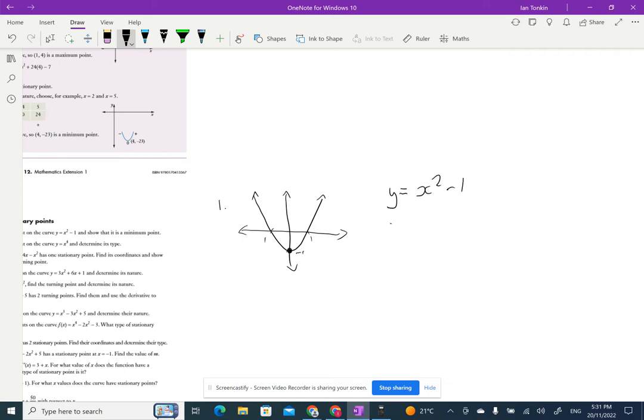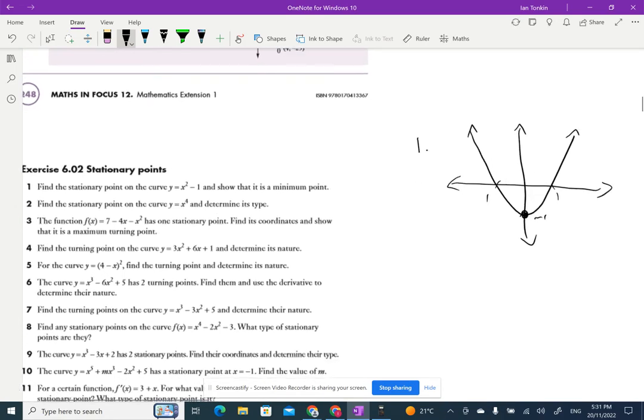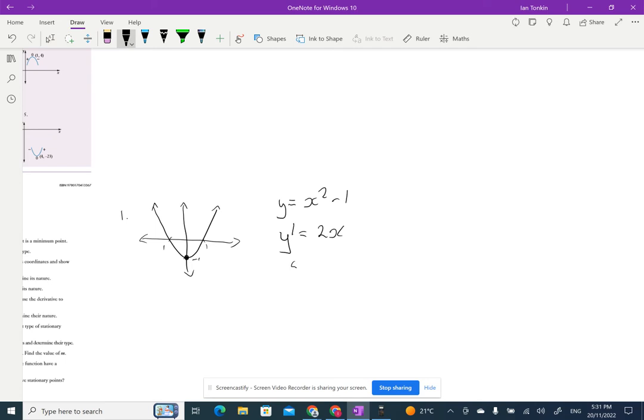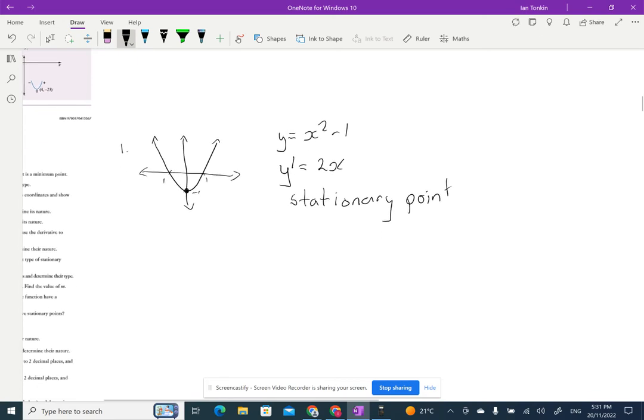And then I'm going to go y dash equals 2x. And then, first of all, it says find the stationary point. So the stationary point, and I want you to set it out like this in your notes: the stationary point when y dash equals 0.